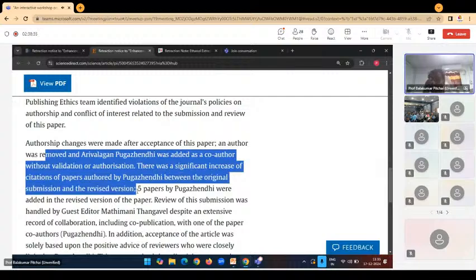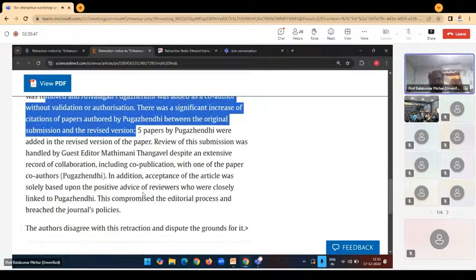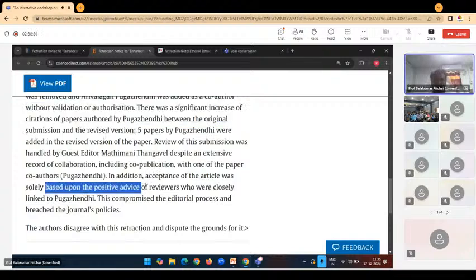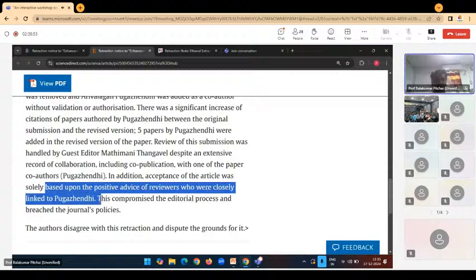So here there is author misconduct. Initially they provided a set of authors, then they removed one author and added another author as a co-author. In addition, acceptance of the article was solely based on the positive advice of reviewers who were closely linked to this person. So they put this person's name, the reviewer knows that person, and the paper was accepted.